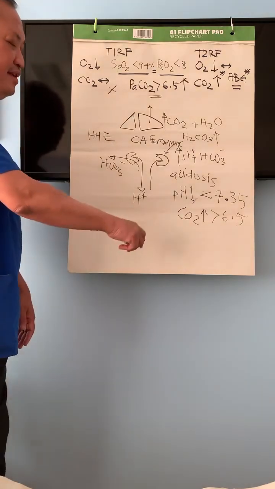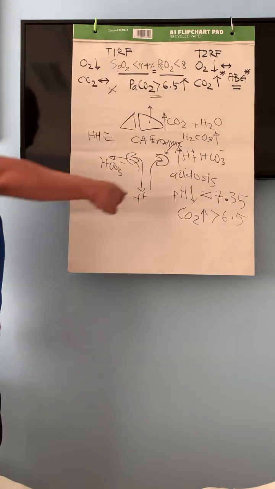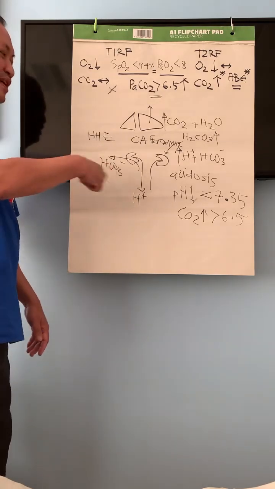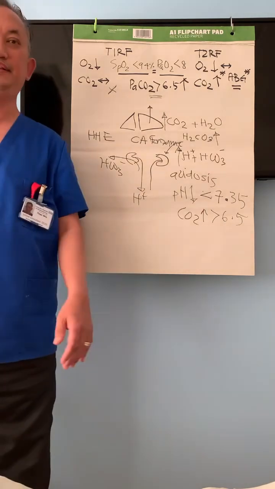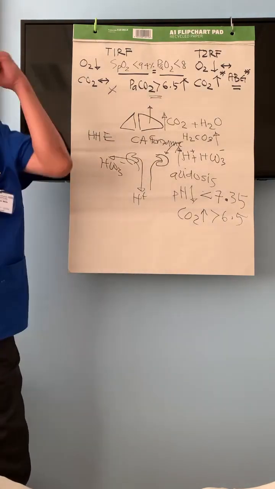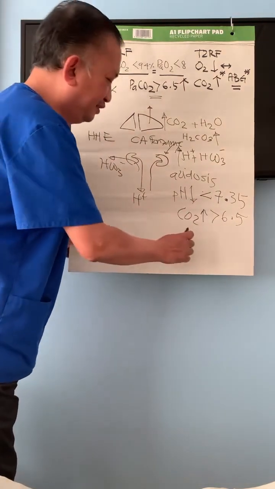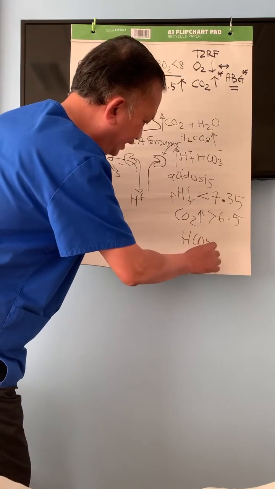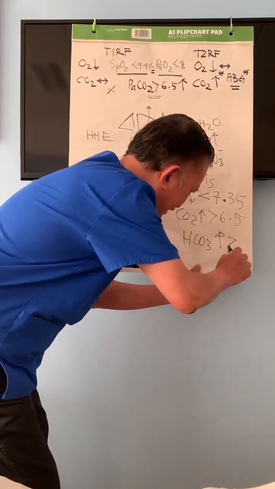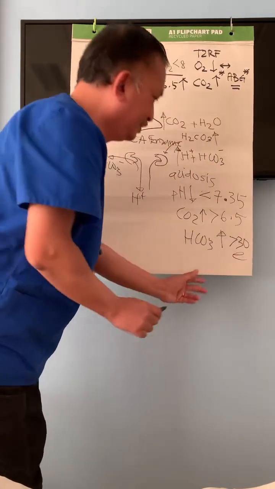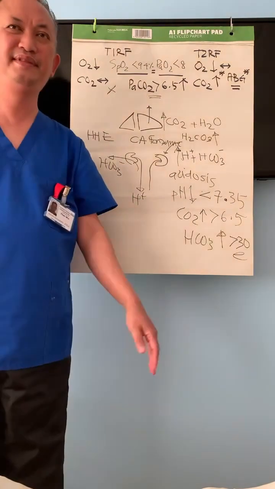So for every single molecule of H plus going out in the urine, the body saves another molecule of bicarbonate to balance the ion equilibrium. That's why people with respiratory acidosis have a high bicarbonate. They usually have above 30, mostly. Actually, the normal value is 28. I couldn't remember exactly, but around there.